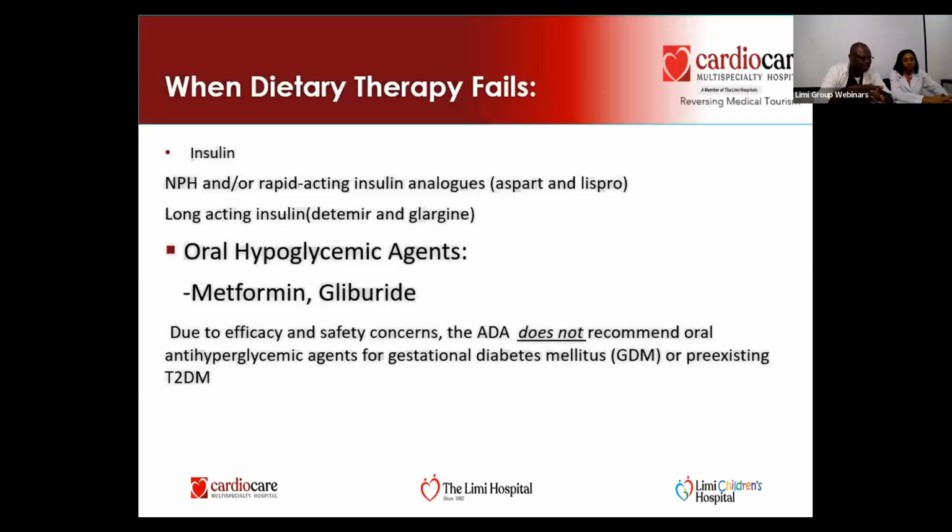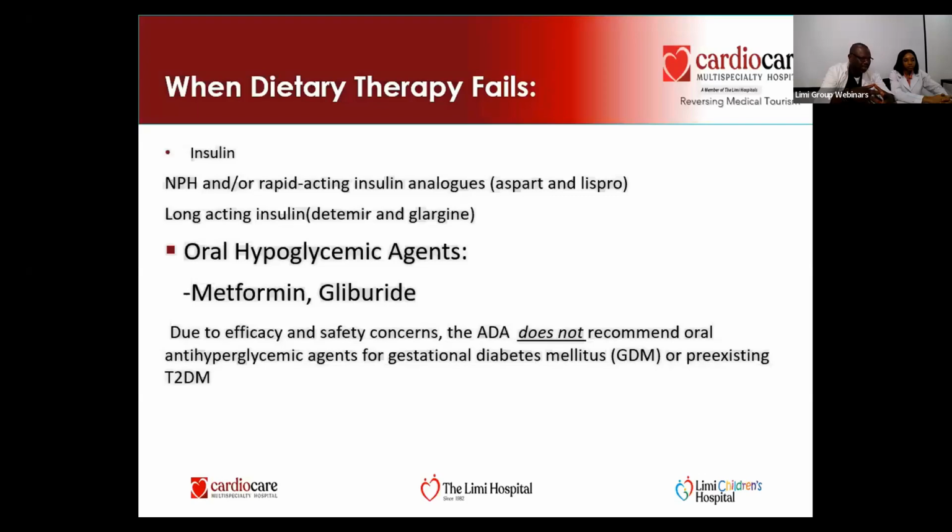So now, if there's need for you to use metformin, you can use metformin. Like I said, it has its own pitfalls. But some people, like the ADA, don't support the use of metformin in gestational diabetes. Probably, I think, because of communication with the placenta. But if there's need for you to bring in metformin, you can bring in metformin.